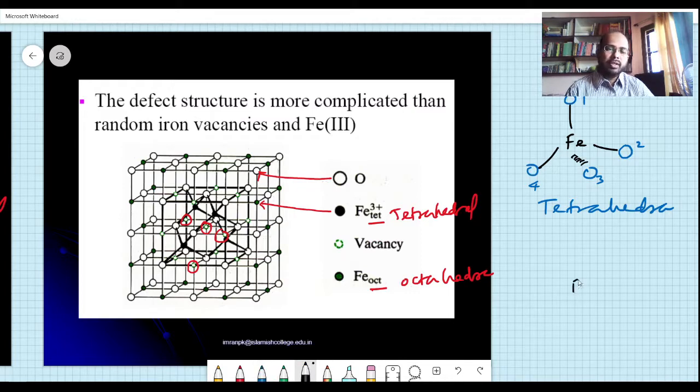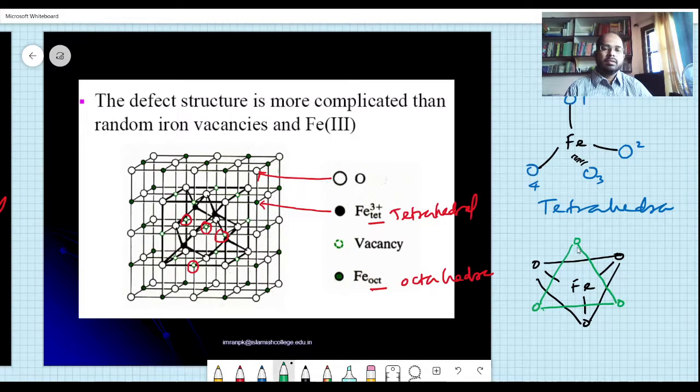Whereas if you have an Fe which is sitting in an arrangement which we have already seen like this, this is the top layer, and the next layer is oxygen occupying this one. This ion will be at the center, and this constitutes an octahedral arrangement.